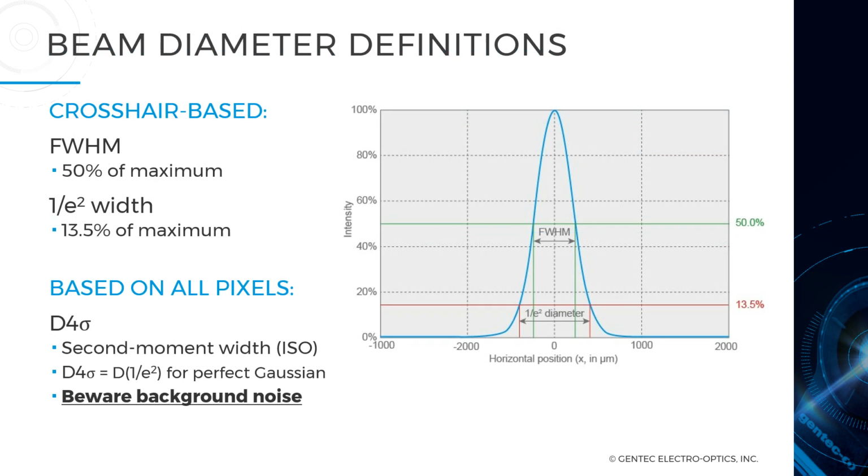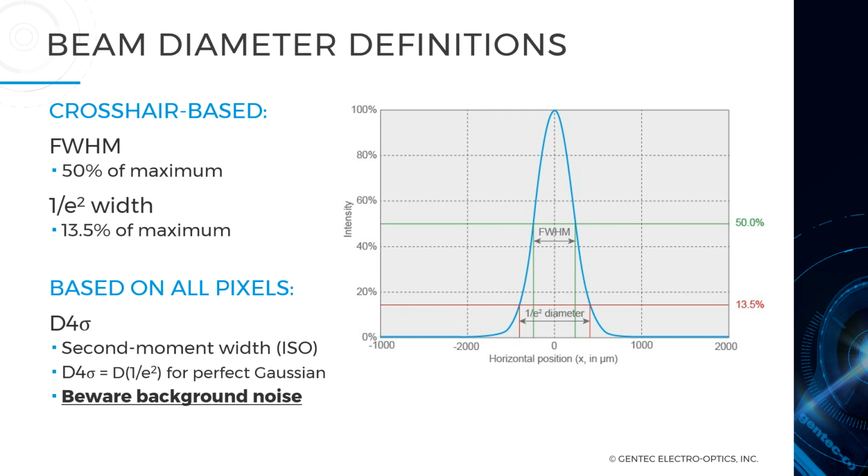So now that you have selected your profiler, you have to tell it which beam diameter definition you want to use. If you are measuring a first-order Gaussian beam, then the recommended diameter definition is the ISO standard, or D4 sigma. For an ideal TEM00 beam, it is equal to the 1/e² value.